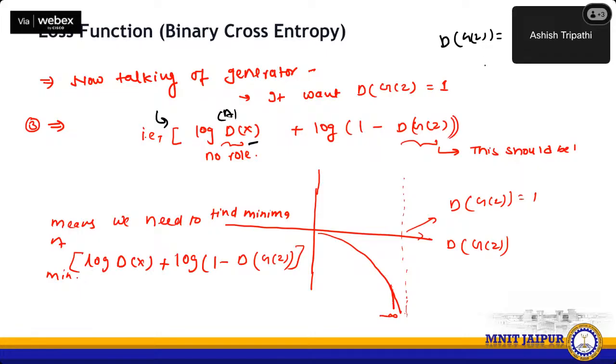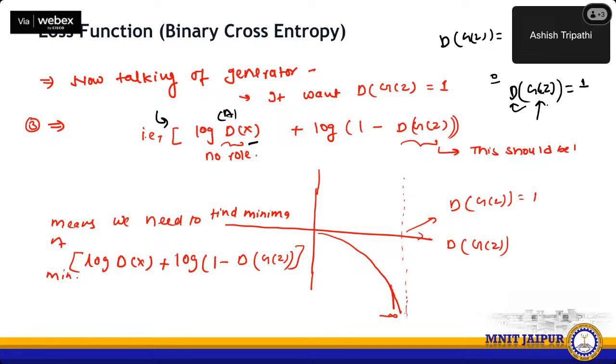Actually, the actual label for the fake image is 0. But the generator has generated the image G of z. So if I am giving the input data G of z into the discriminator D, the generator wants it to produce output 1. This is the willingness of the generator network. That means this is the wrong classification.